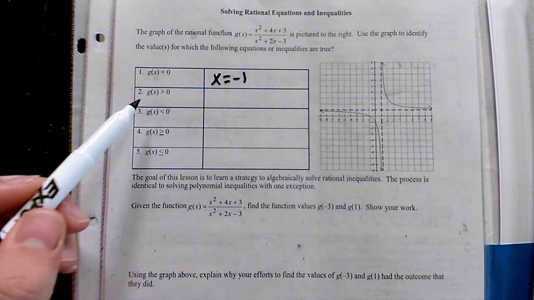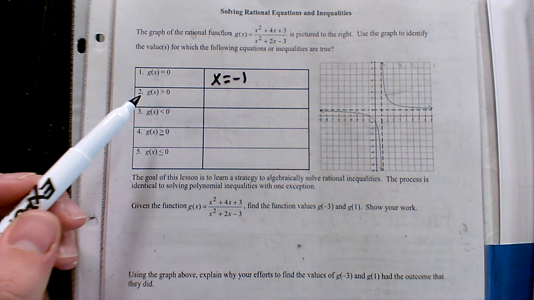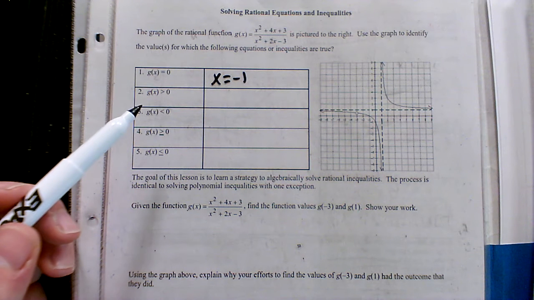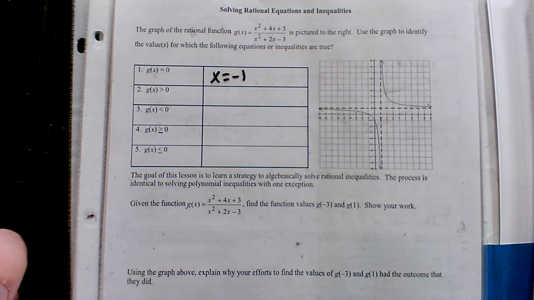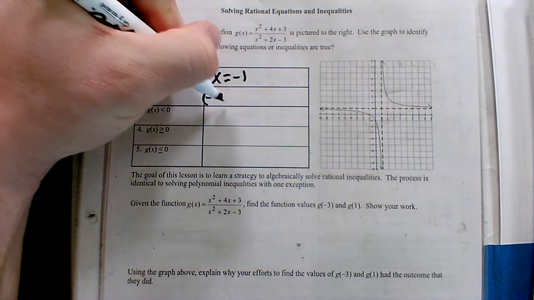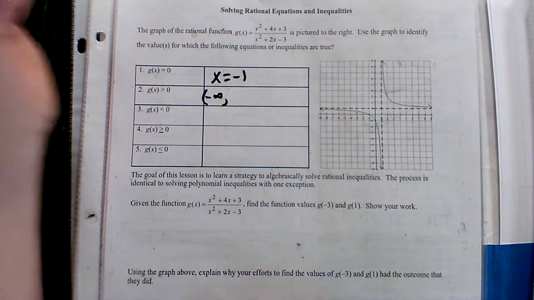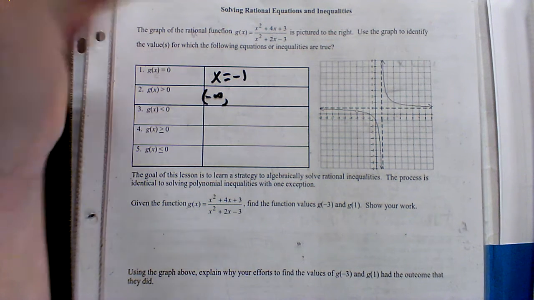Where or what values are g of x greater than 0? There may be more than one spot. It would be -∞ to -1. Close. Be careful there. We do start at negative infinity.